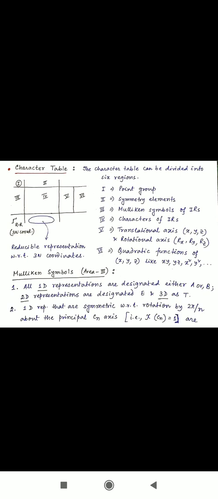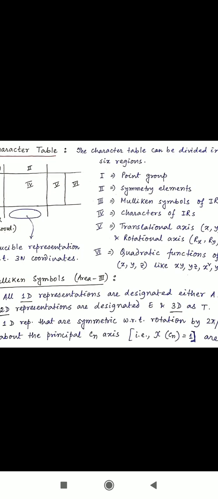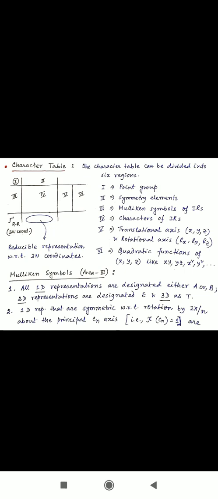Next is our number 2 point. Remember, this one is very important: 1D representations that are symmetric with respect to rotation by 2 pi by n about the principal Cn axis. Again I am repeating, 1D representations that are symmetric with respect to rotation by 180 degree divided by n, that is actually our Cn axis.